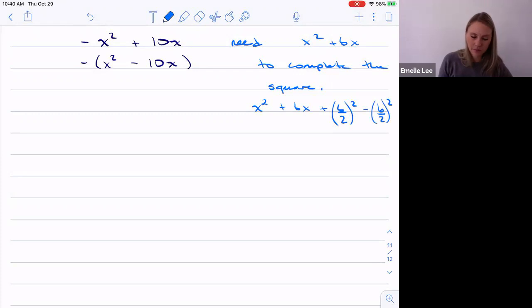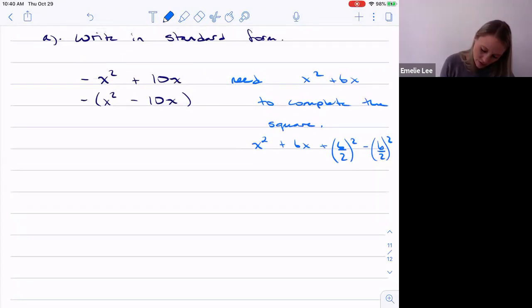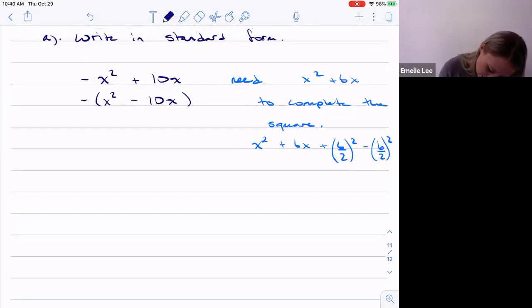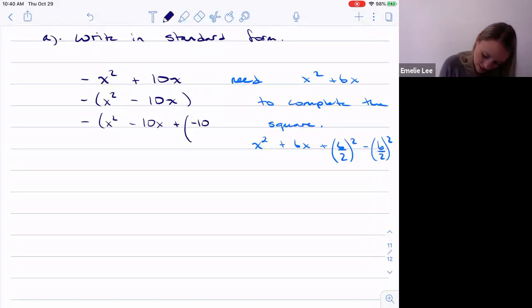Okay. So we have to do that inside these brackets. So we have to be really careful. We get negative x squared minus 10x plus negative 10, because b is negative 10, negative 10 divided by 2 squared, minus negative 10 divided by 2 squared.